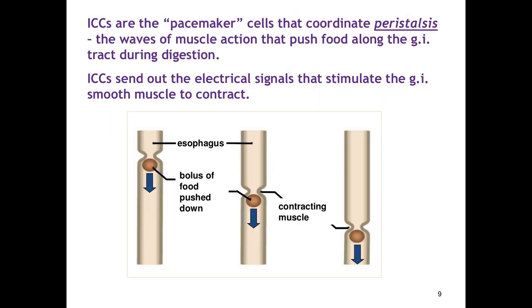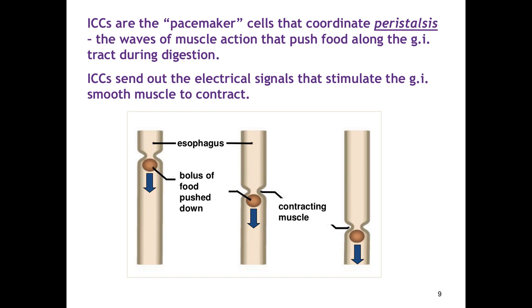And what do these cells do? Well, to digest our food, how does the food move along the GI tract, through the stomach, through the intestines? The food is moved by waves of muscular contraction of muscles that surround the GI tract. We call that movement peristalsis.